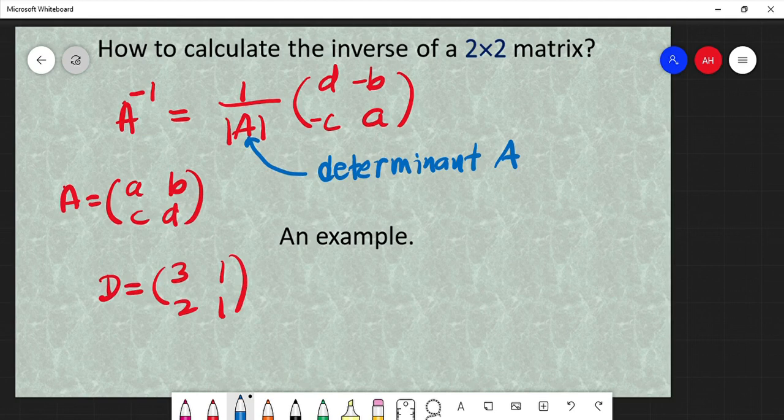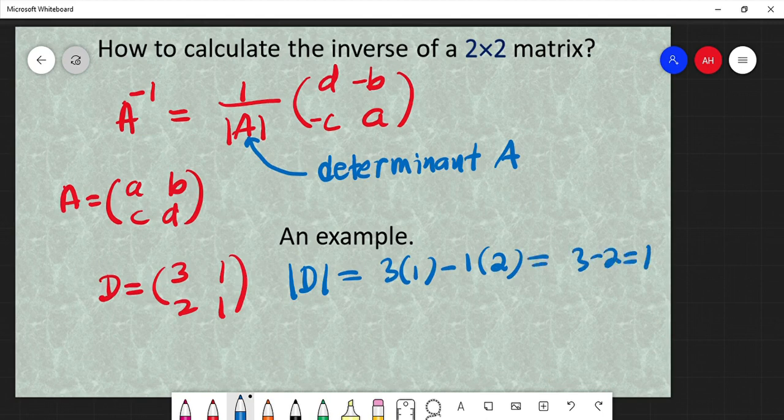So the determinant of D is 3 times 1 minus 1 times 2, which is 3 minus 2, equal to 1.